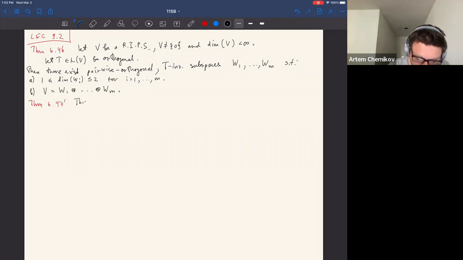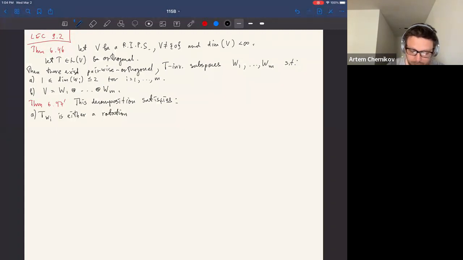So this decomposition further satisfies part A: the restriction of T to each Wi is either a rotation or a reflection. This happens for each i from 1 to m.